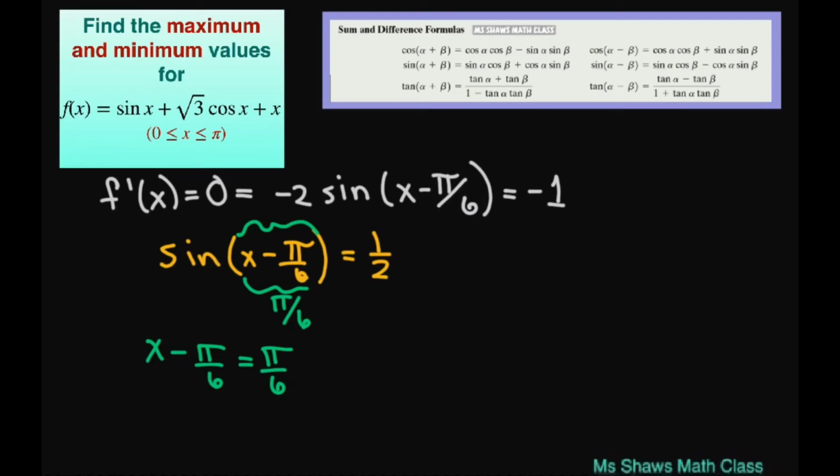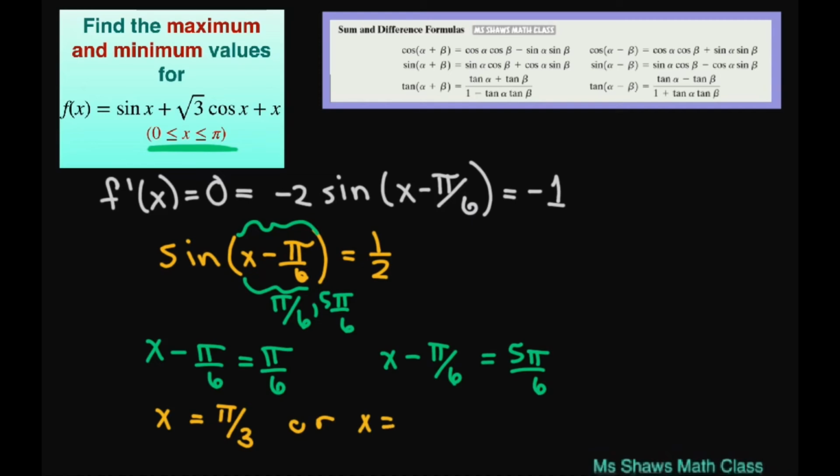Also, since we're between 0 and pi, x minus pi divided by 6 can also equal 5 pi divided by 6. Solving for this, you're going to get x equals pi divided by 3, or x equals pi.